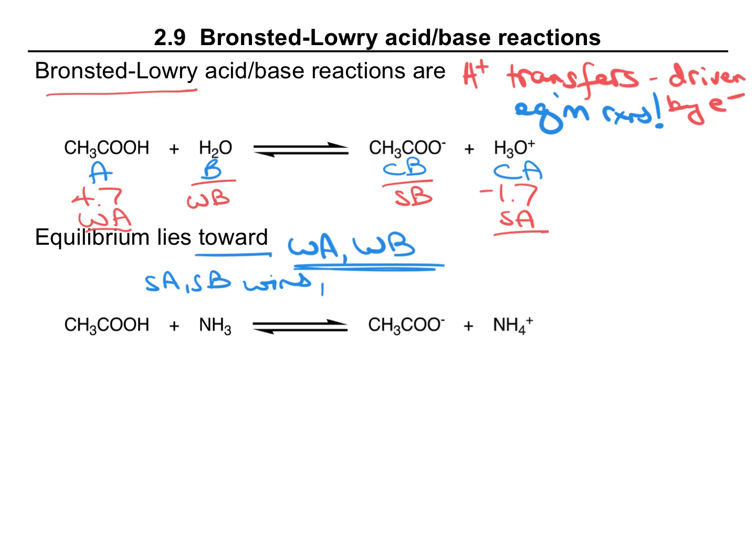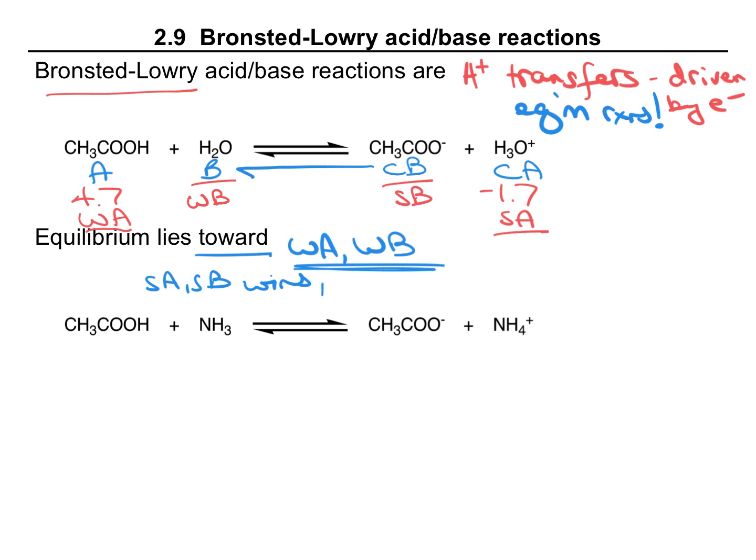So for the first reaction we have on this slide, we would draw our equilibrium arrow pointing to the left. And by saying the equilibrium lies to the left, what we're saying is that at equilibrium, we will have a higher concentration of these species and a smaller concentration of these species.